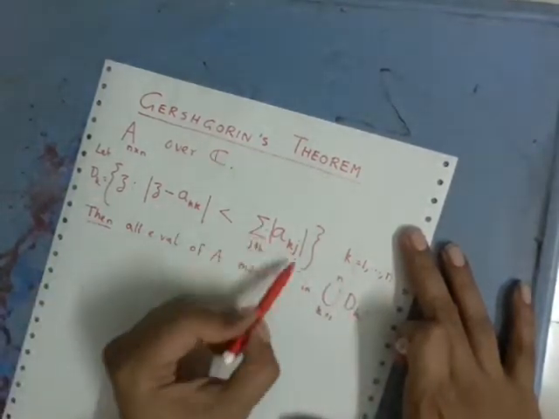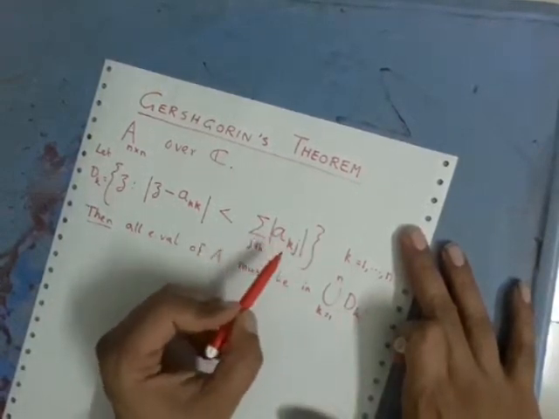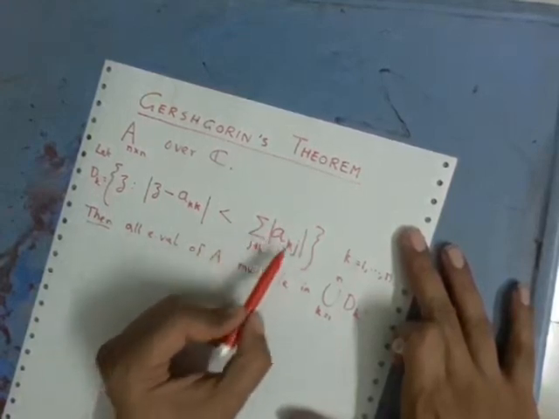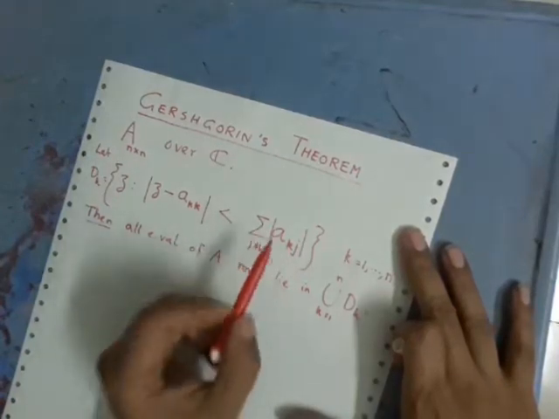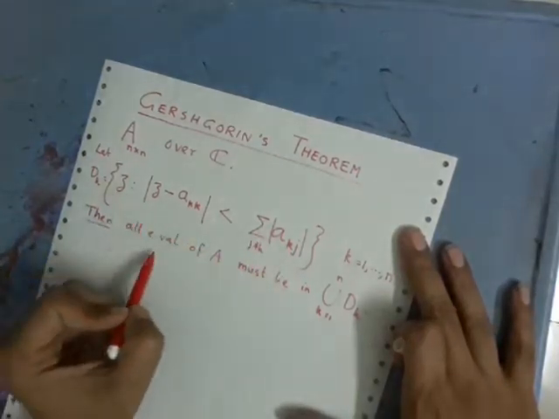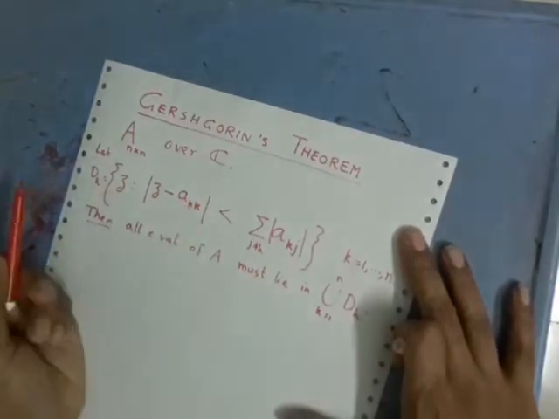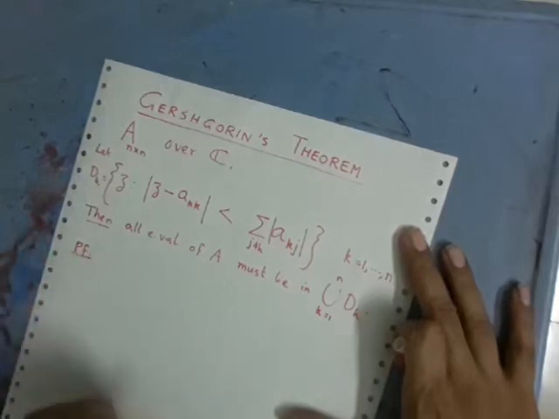So if these quantities are pretty small, as they are going to be in our case after Jacobi's algorithm has converged, these off diagonals will be pretty small. So these things are something like less than epsilon or something, then the eigenvalues must lie very close to the diagonal entries. Now the proof of this fact is very simple.